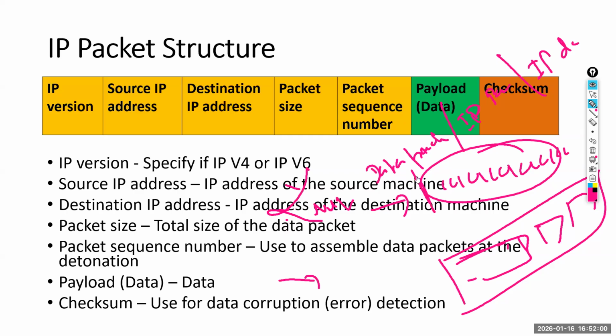What is the structure of a data packet? In a data frame, it is source MAC address, destination MAC address, payload, and checksum for error correction. That is why we say the data frame is a layer 2 concept and a switch is a layer 2 device, because a switch switches data frames by looking at the source and destination MAC address.